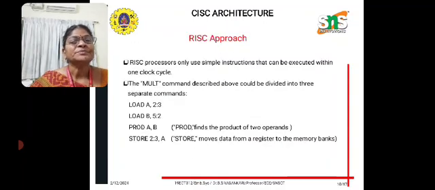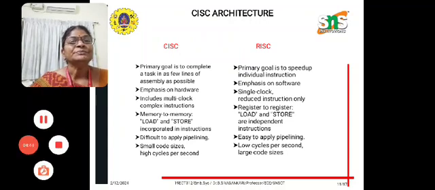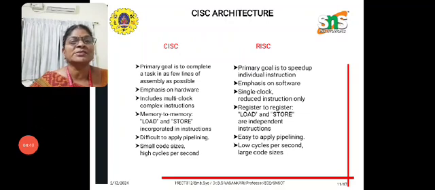The RISC approach, in contrast, uses only simple instructions that can be executed within one clock cycle. This is the comparison between CISC and RISC. The primary goal of CISC is to complete a task in as few lines of assembly as possible, whereas RISC aims to speed up the individual instructions.